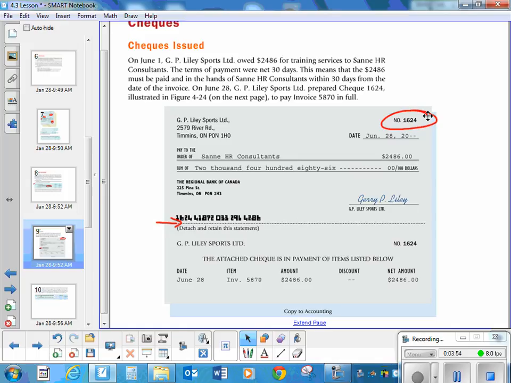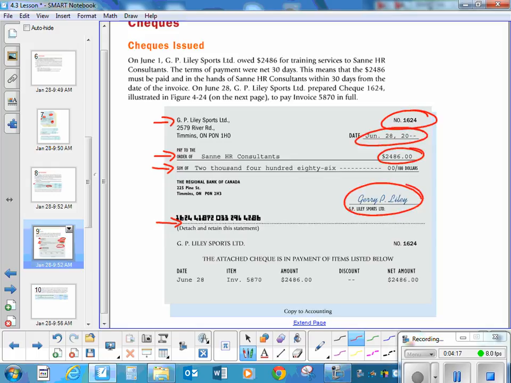So as a teenager, you probably have never really used a check before, but this is what a basic check looks like. It tells what the company is up here, or whoever's writing the check, who they're writing the check to for the amount, and they spell it out, and then the numbers are here, it's dated, and you always have to have a signature.